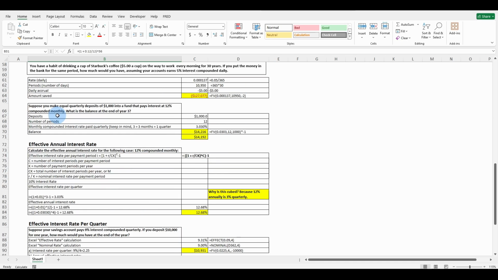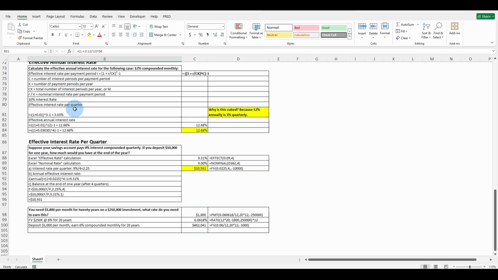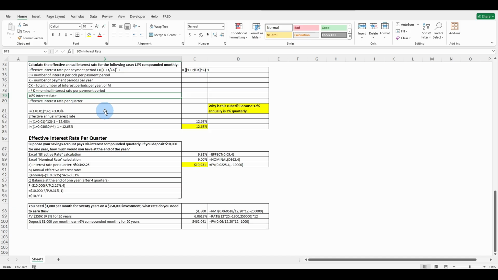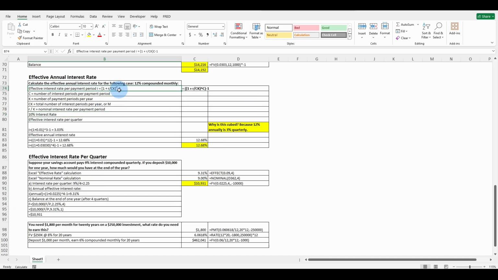You can go down here and the effective annual interest rate, 1 plus R divided by CK. Then let's see, the notation is a little bit different, but here's I equals 1 plus R, etc. And then here's just the plug and chug numbers. Understand the logic, okay? I don't want to skip on trying to explain what this is.